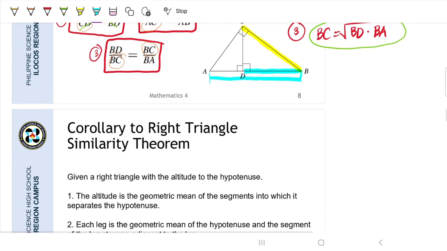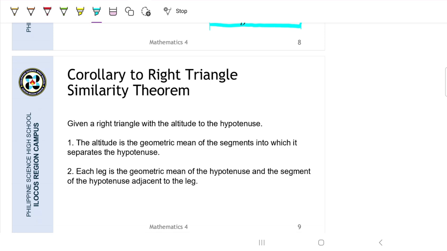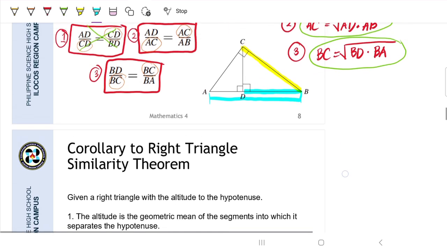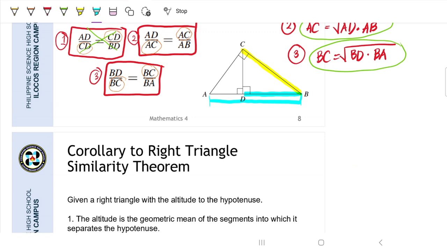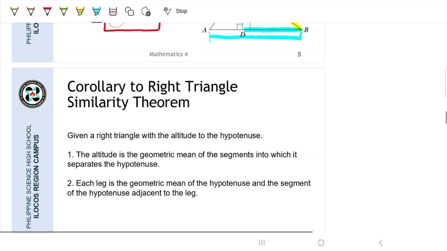So, we have the corollary to right triangle similarity theorem, and the following statements are true. If we are given a right triangle with the altitude to the hypotenuse as shown here, then the following can be said. Number 1, the altitude is the geometric mean of the segments into which it separates the hypotenuse.